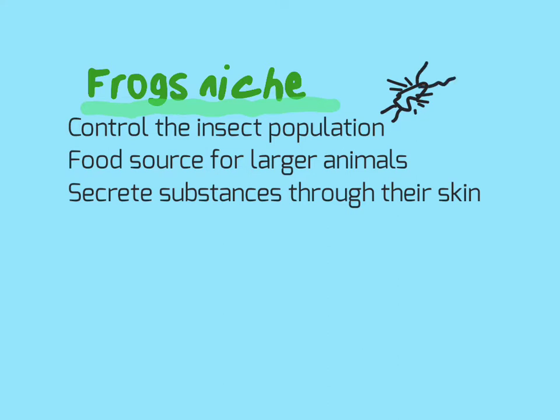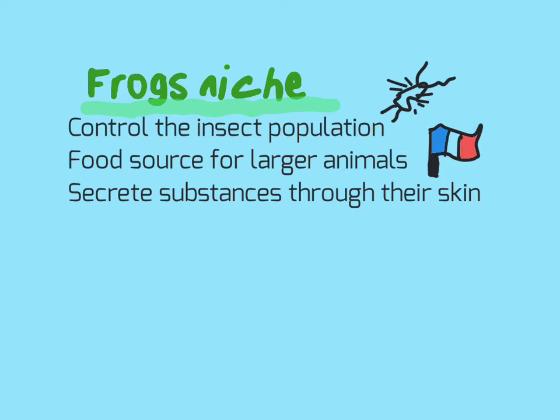They're also a food source for larger animals, and of course, one of those animals that like to snack on frogs is ourselves. In some parts of the world, eating frogs as a delicacy is definitely done, and we know of certain parts of the world where that's de rigueur, let's say.